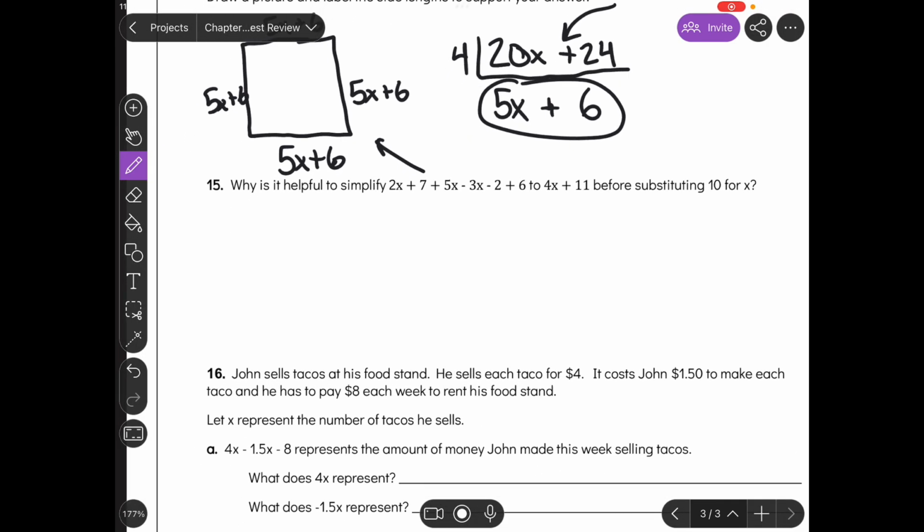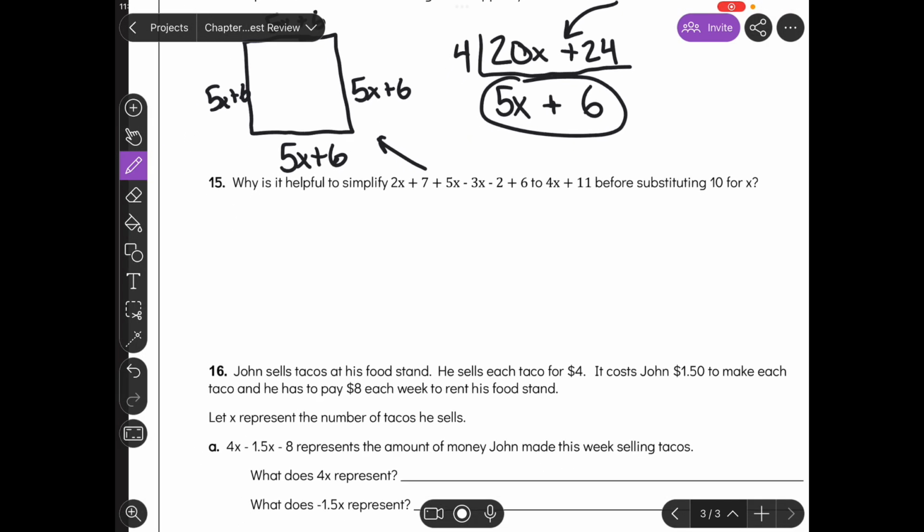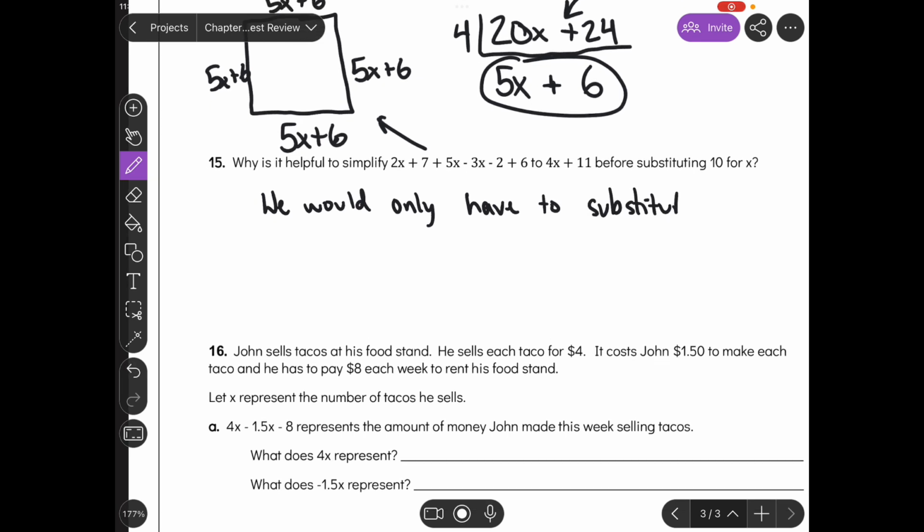Okay, for number 15, why is it helpful to simplify all of that before substituting 10 in for x? Well, simply put, we would only have to substitute one time instead of 4 times.